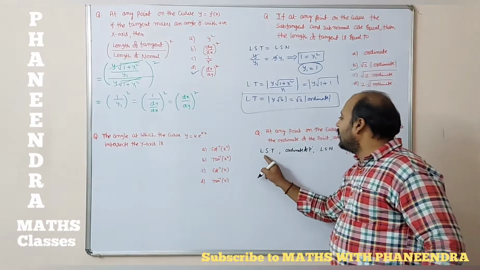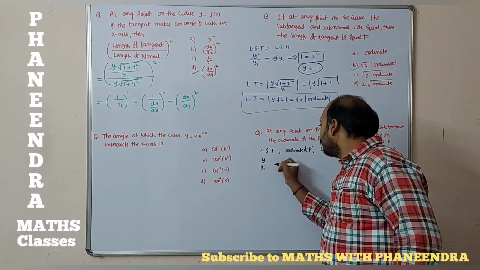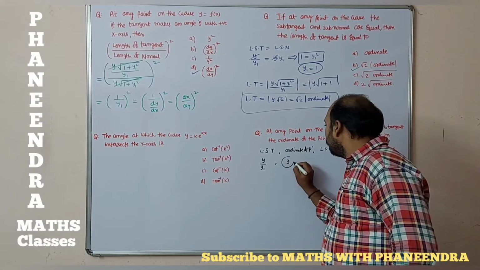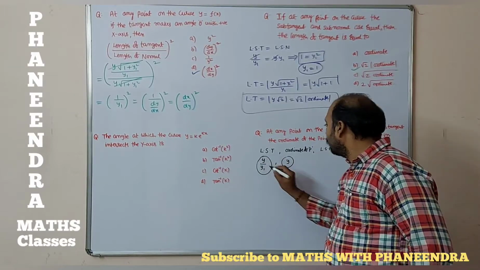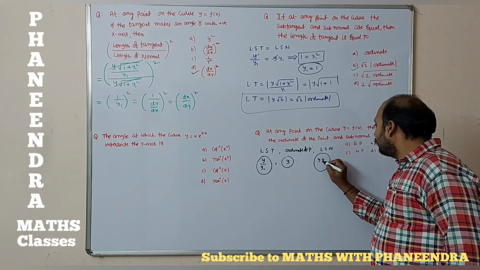First we write the values. LST, length of subtangent, is y by y1, next the ordinate of the point is y, next length of subnormal is y into y1.